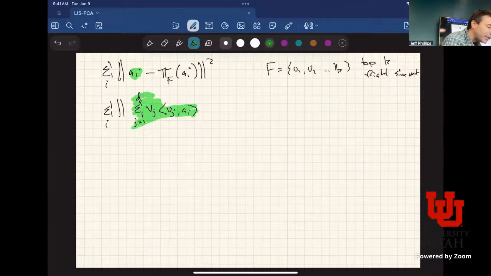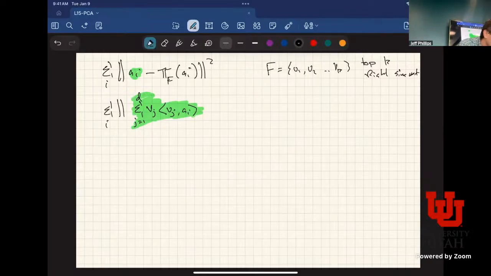What happened is my d-dimensional space is going to be spanned by d orthogonal vectors v_j. So instead of using the original coordinates, the x, y, z up to the d coordinates, I'm using a different coordinate system defined by these v_j's. And this is just recovering a_i written in this coordinate system. Okay, it's the same point, just written in a different coordinate system. And now I can do this with the projection as well.